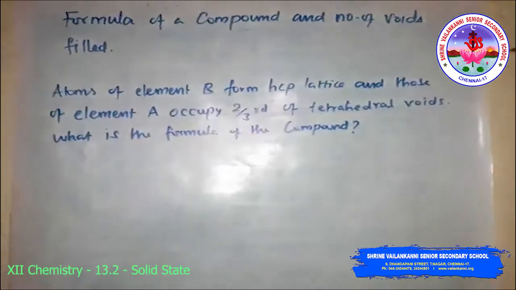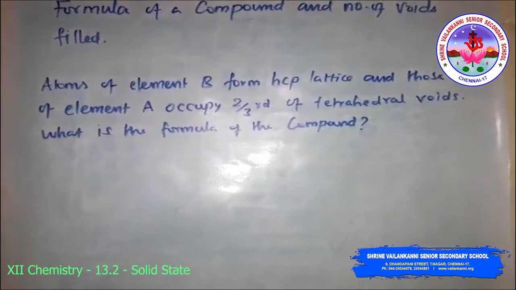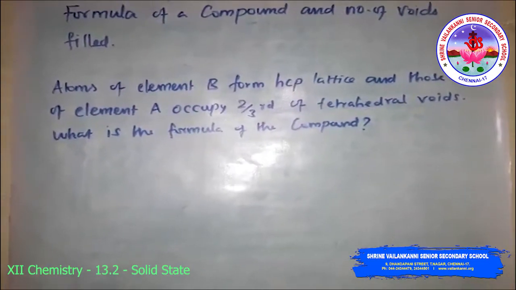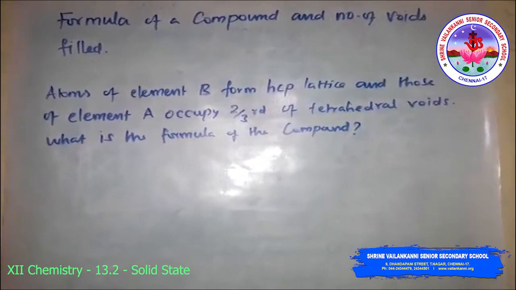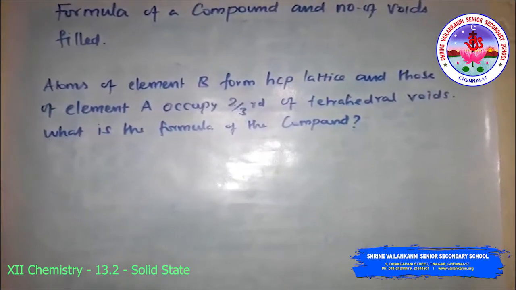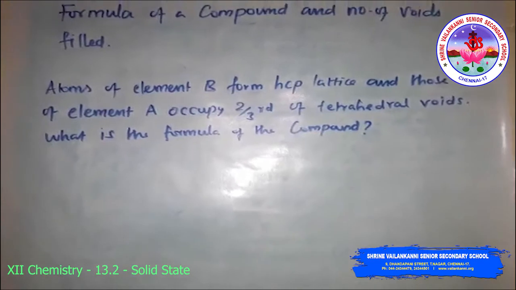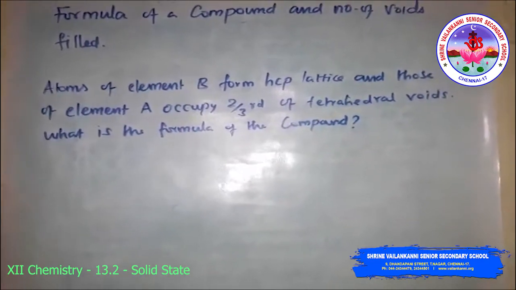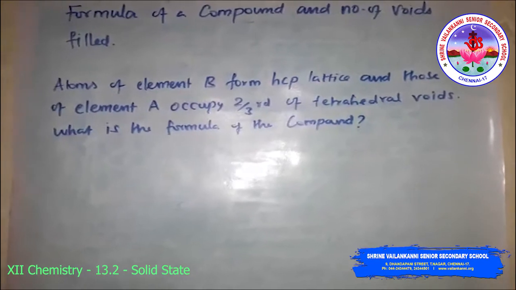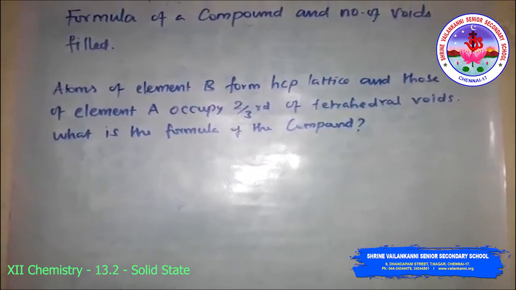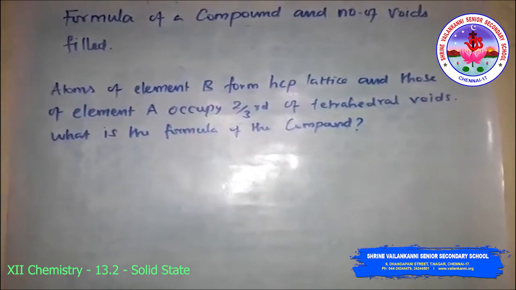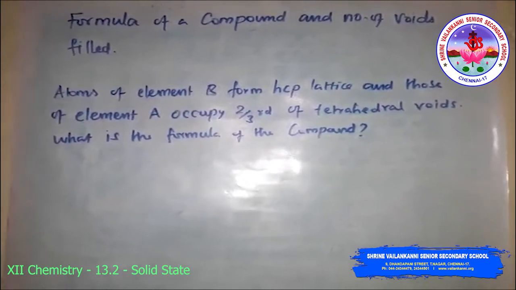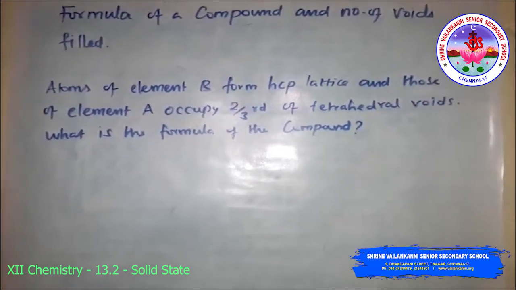Formula of a compound and number of voids filled. Already we learned that particles are close packed, resulting in either CCP or HCP structure, that is cubic close packing or hexagonal close packing. Two types of voids are generated. The number of octahedral voids present in the lattice is equal to the number of close packed particles.